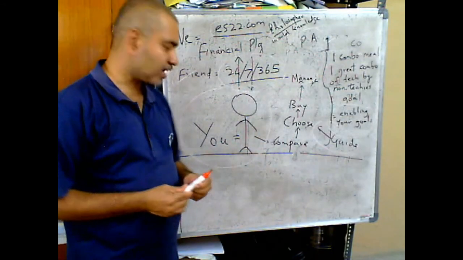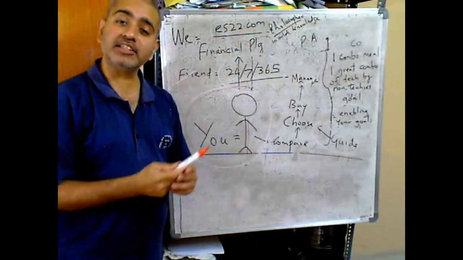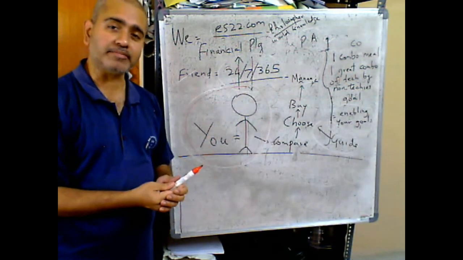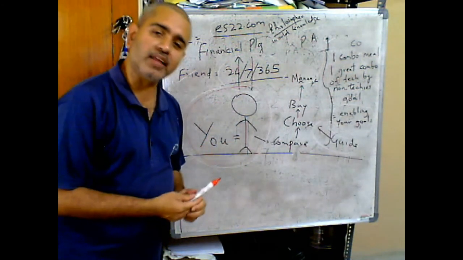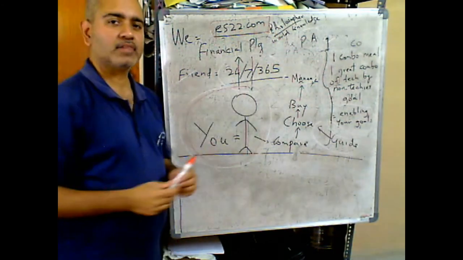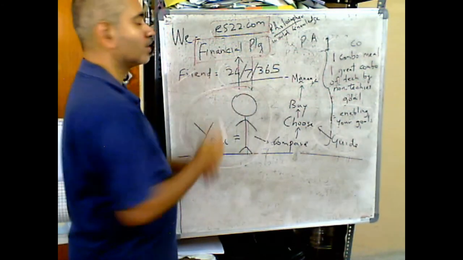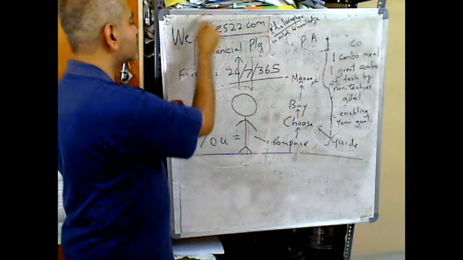You, our customer, walk on the road, fulfill your day-to-day duties and obligations to your family, and work hard to earn a living. We, es22.com, a technologically enabled financial planning company, reside in the cloud just above you.